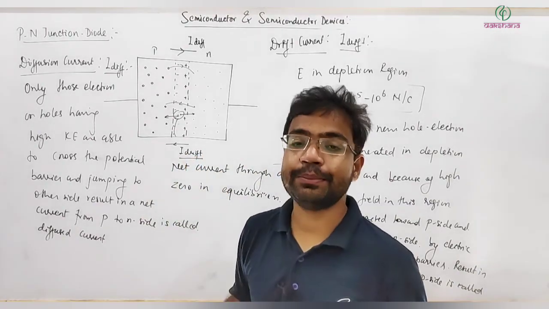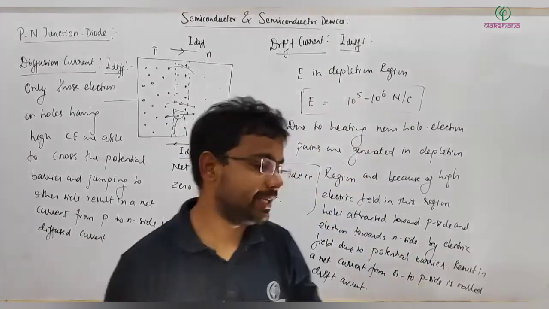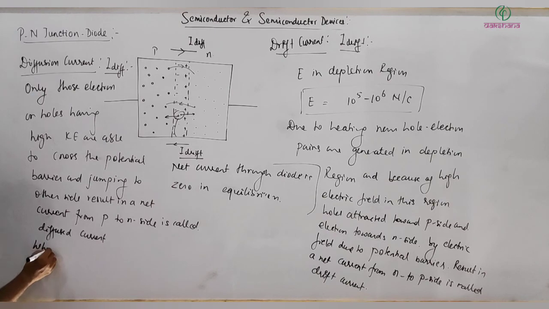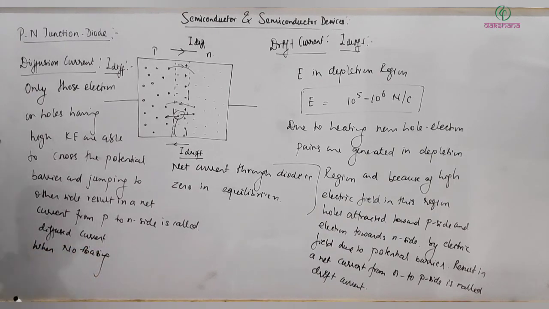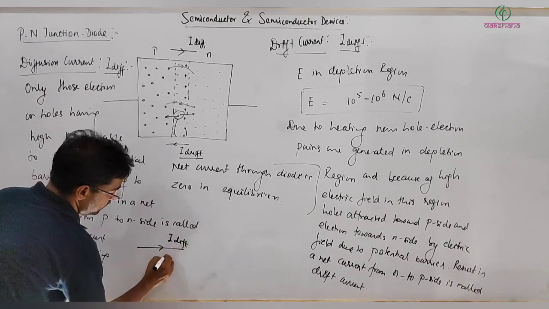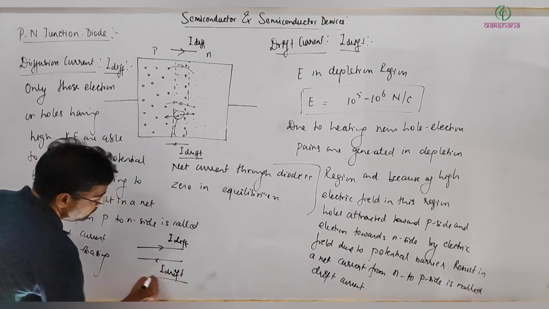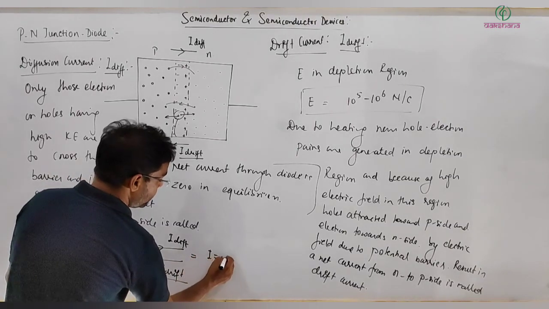Now what is biasing? Biasing means connecting it to a battery. When there is no biasing, I diffusion and I drift always remain equal, resulting in net I equal to 0.